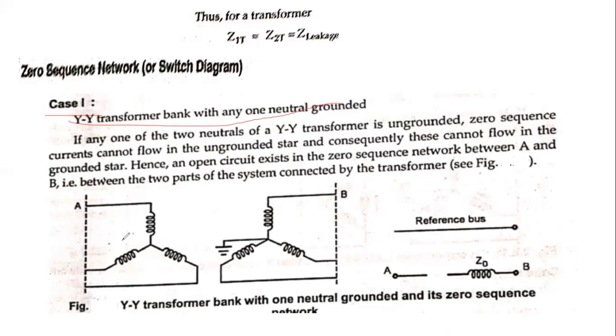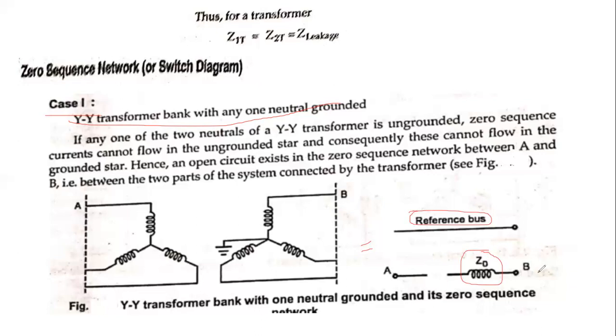Therefore, what is the zero sequence reactance diagram? This is the reference bus. This is Z0, the reactance, and this is grounded. That is why the other side is open circuited.